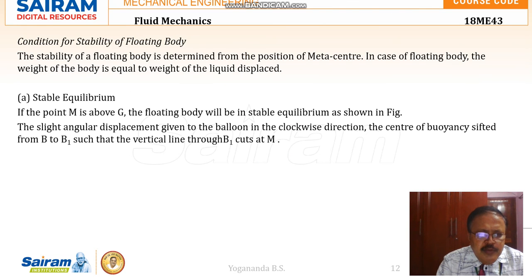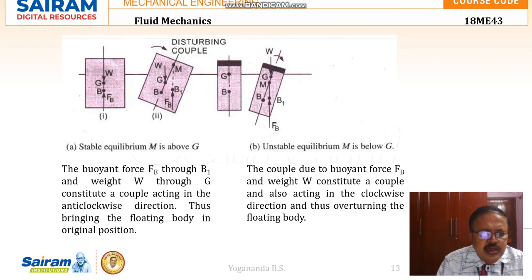So stable equilibrium, if the point M is above G as we see here. So M is above G. I am giving a small tilt here. G is the point through which the weight of the body acts. Here the center of buoyancy is shifted from B to B dash.